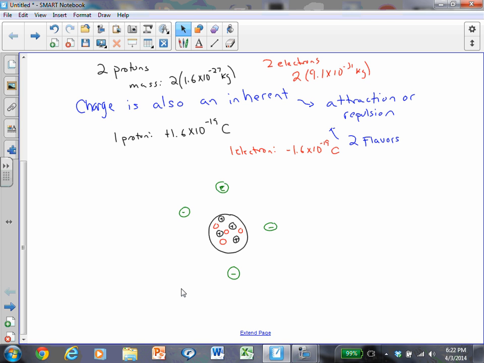The stuff is made out of this positively charged nucleus surrounded by negative electrons. The interaction between them is what keeps the electrons in orbit. So there's an attraction between the positive nucleus and the electrons. But they're moving, so they're moving around in orbital motion.